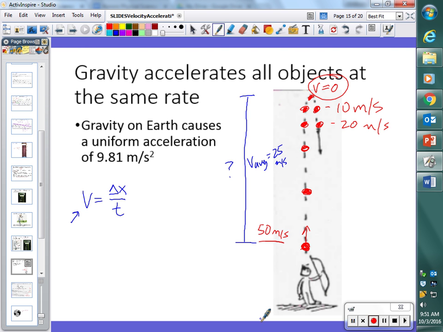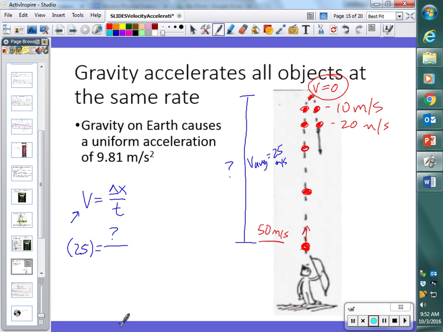All right, do we see where we're going to take this now? Yeah. Okay, so we're going to plug 25 in over here for the velocity. It's the average velocity. Do we know the displacement? Do we know how high it went into the air? Ooh, that's what we're trying to find. So that's going to be our question mark.